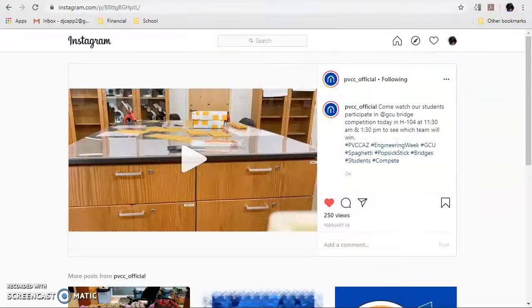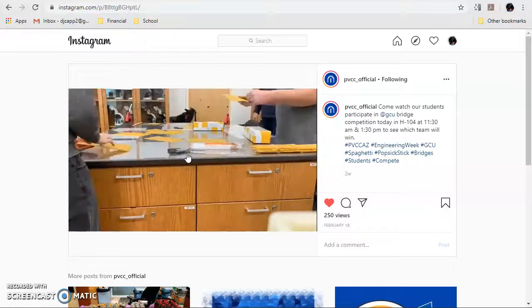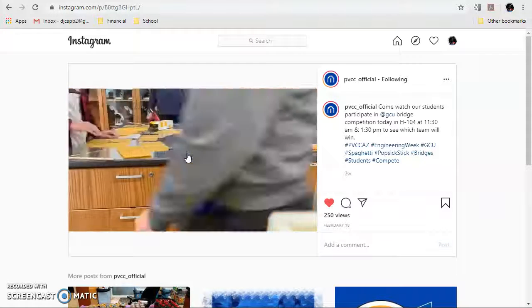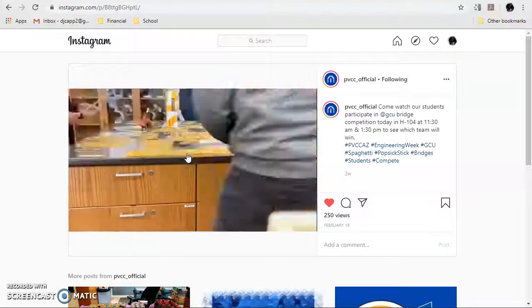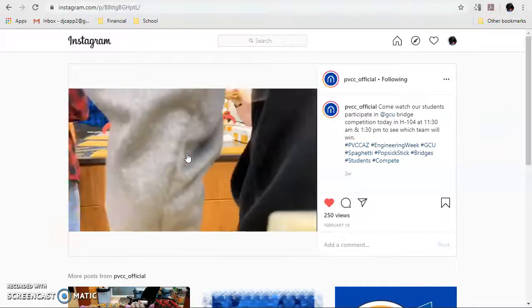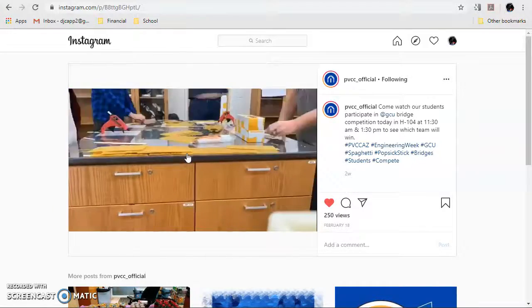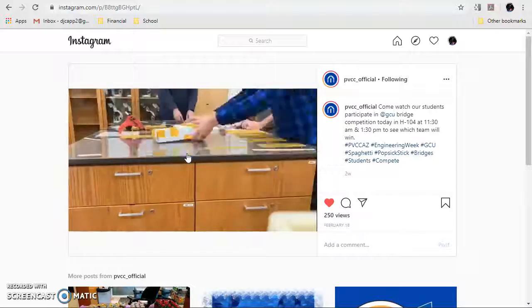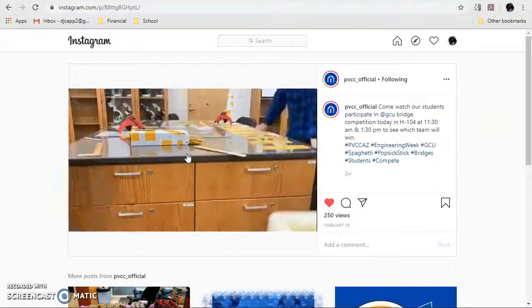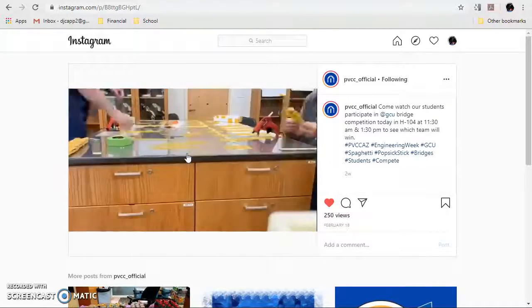So we did go ahead and we went with KC and Tab's design, the one we were going to submit to GCU. And we have this awesome time lapse here of us making that. It is the most basic bridge that you can ever imagine. Just piles and piles of spaghetti. We did some cross hatching in there.